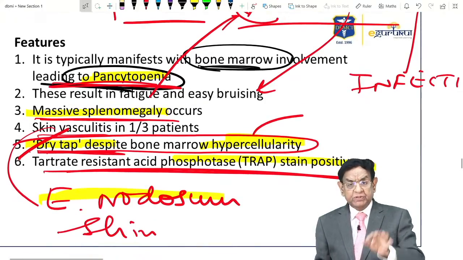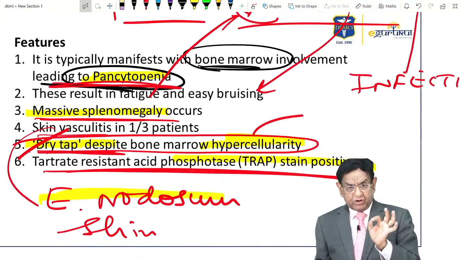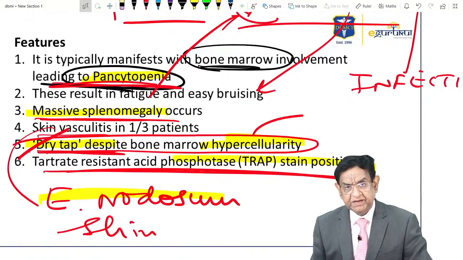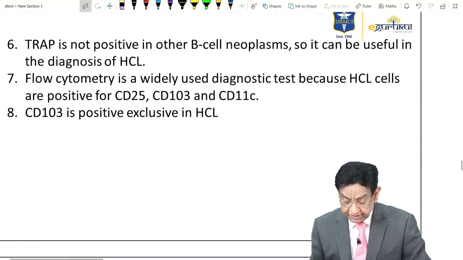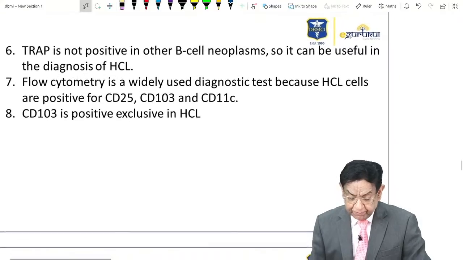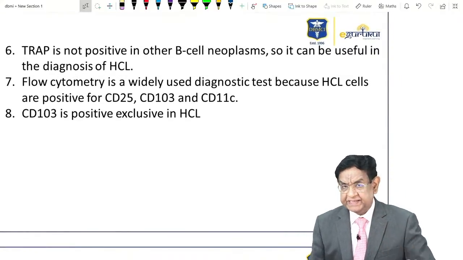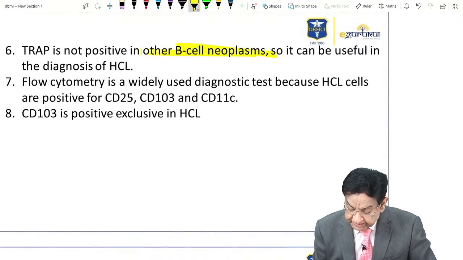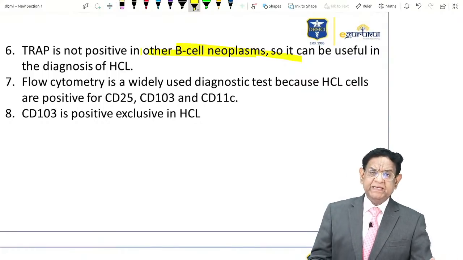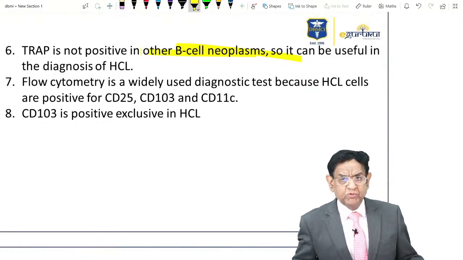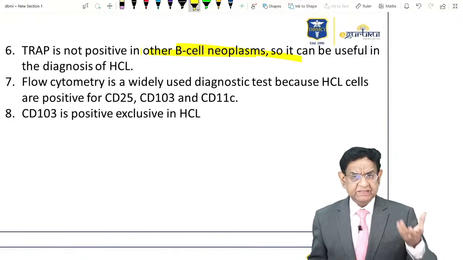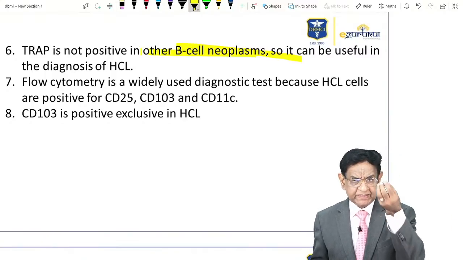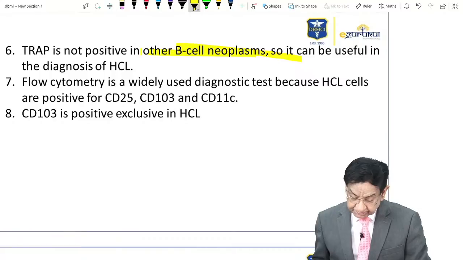These are the few words you have to remember in this particular slide. TRAP positivity is seen only in hairy cell, not in any of the other B cell tumors. So that means it becomes exclusive, a moon among the stars. Something unique and exclusive is always a diagnostic feature.